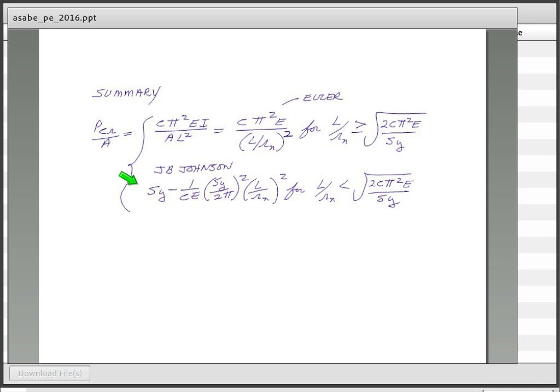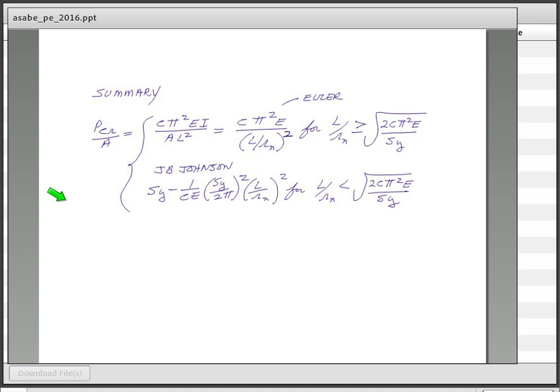Or we would design our critical load over the cross-sectional area by the J.B. Johnson criteria, which is this, for slenderness ratios that are less than that critical value. So that's sort of it in a nutshell.